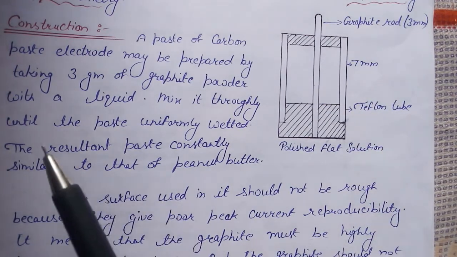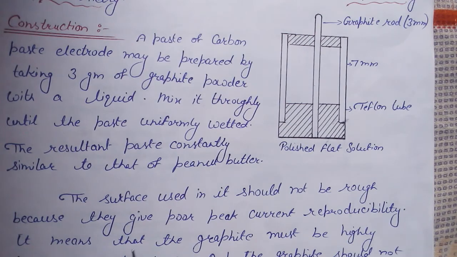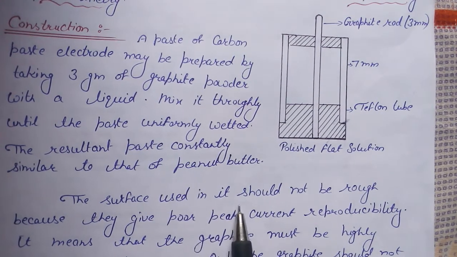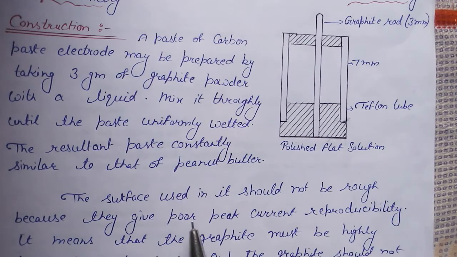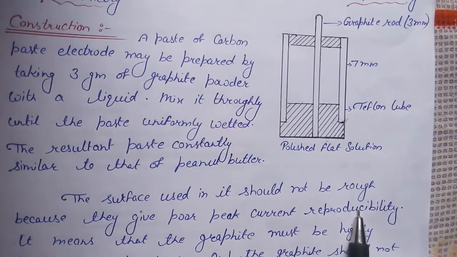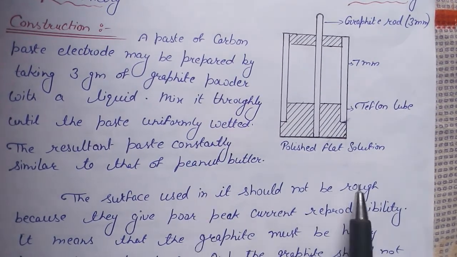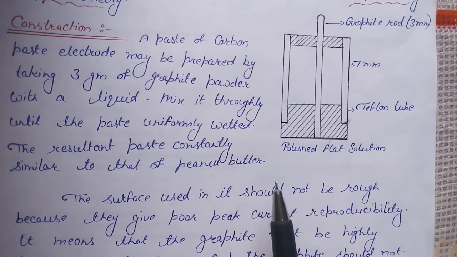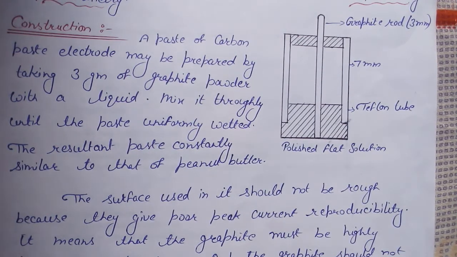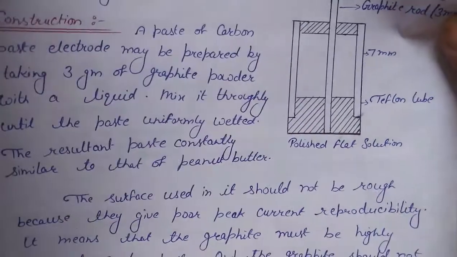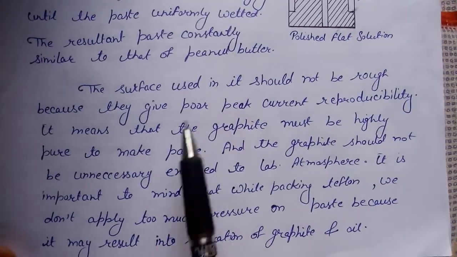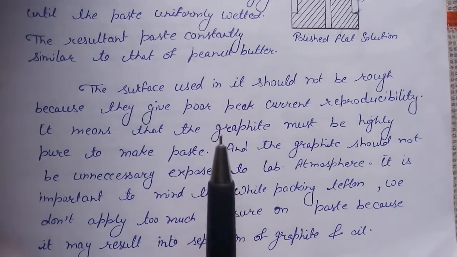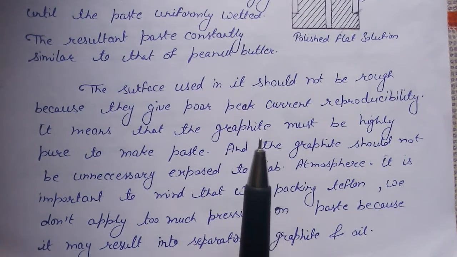Now, the surface used should not be rough because a rough surface gives poor peak current reproducibility. It means the surface should be smooth. The graphite must be highly pure to make the paste, because pure graphite can give a smooth surface.